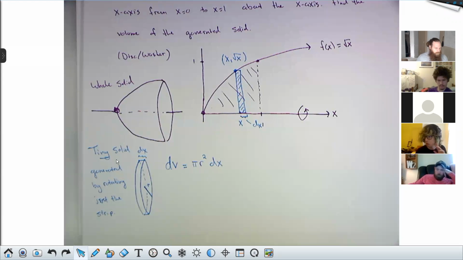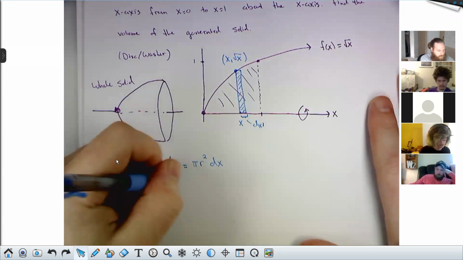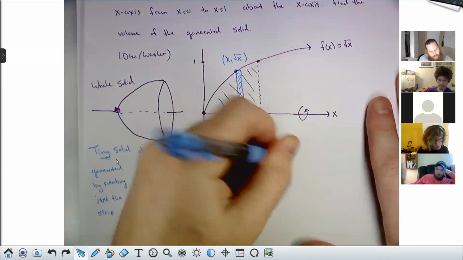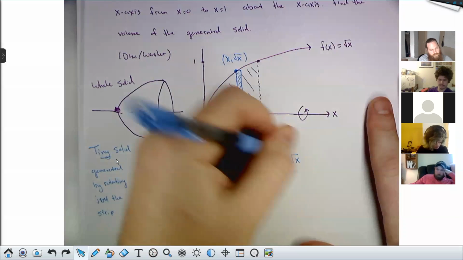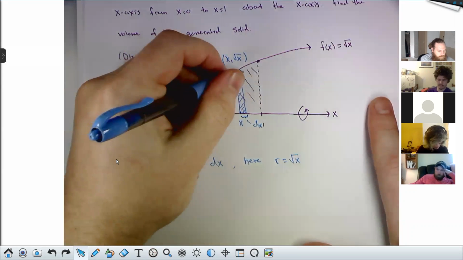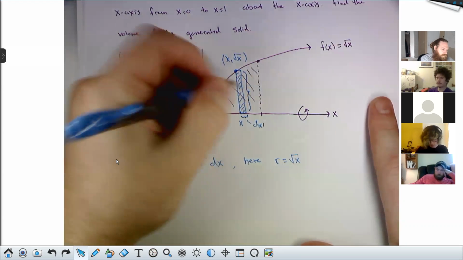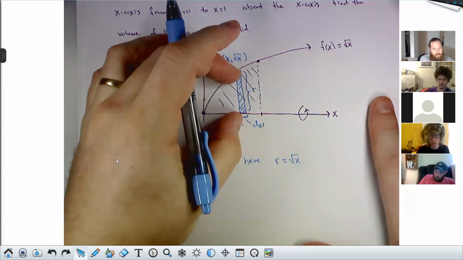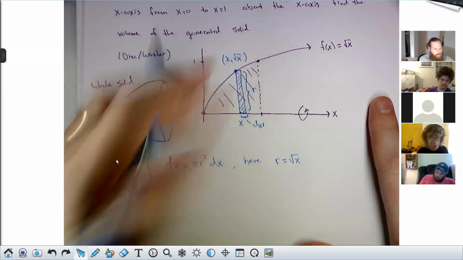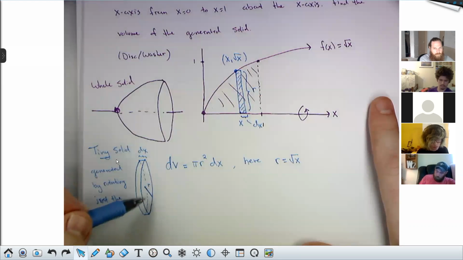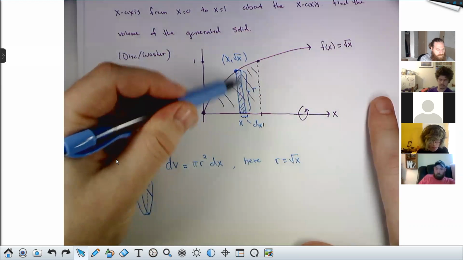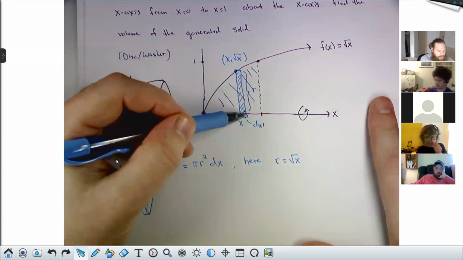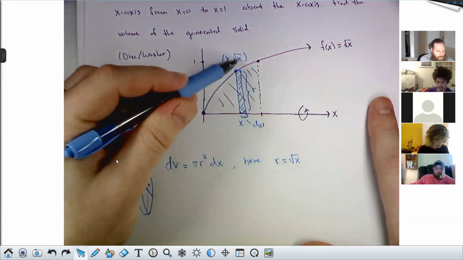Now, Alt made the observation that the radius r is equal to the square root of x, and that's exactly correct, because this height is the radius, right? When this strip rotates to generate this disk, the disk that's generated has this dimension as its radius. And down here, y is equal to 0. Up here, y is equal to the square root of x.